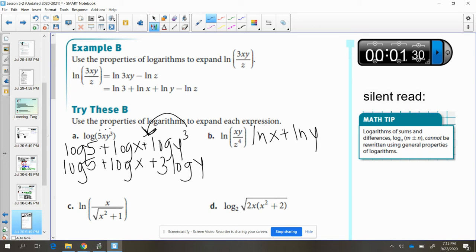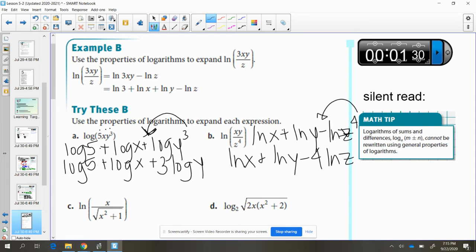And then we're also going to subtract that ln of z to the fourth, because we have that division. Again, that 4 can be moved out front, so we have ln of x plus ln of y minus 4 ln of z. And that one's completely expanded out.